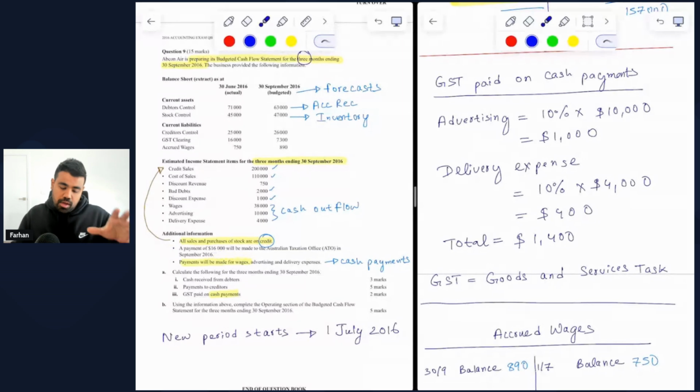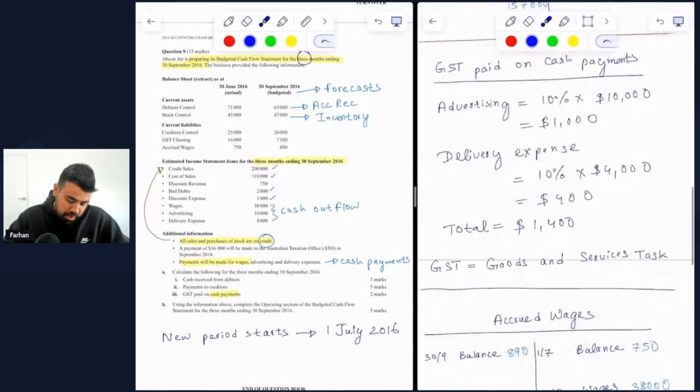GST paid refers to the GST we pay on cash payments, and the GST settlement is normally what you will see included in the additional information, and that is $16,000 paid in the last month of the reporting period, September 2016. So we do not include that as part of our calculations here.